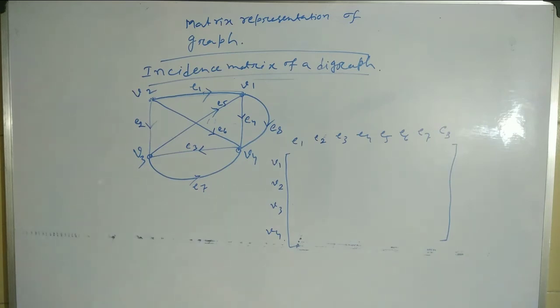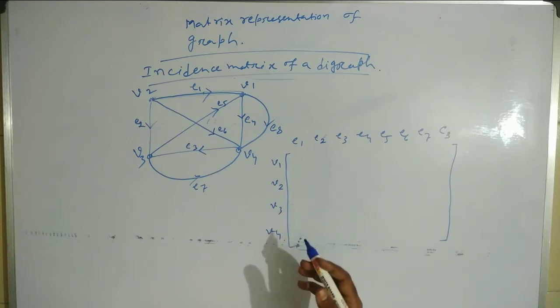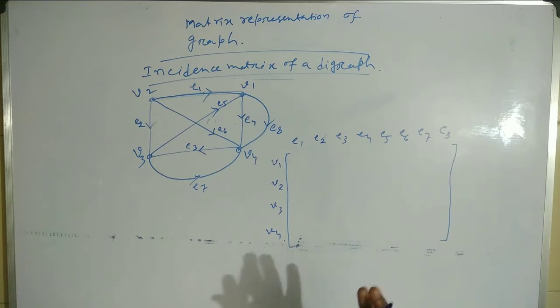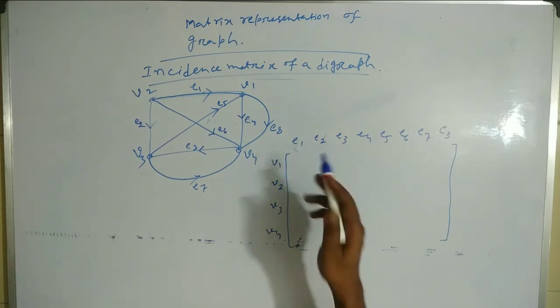Now when we are writing the incidence matrix of a graph, I told you to put the elements as 1 if the edge is connected with that vertex, otherwise it will be 0. Now in case of a digraph, there will be a small difference. I am taking this edge E1.